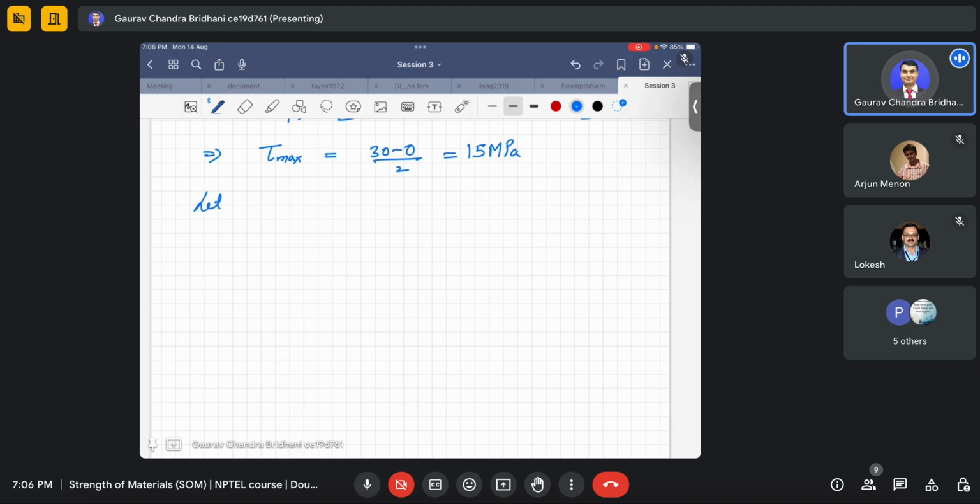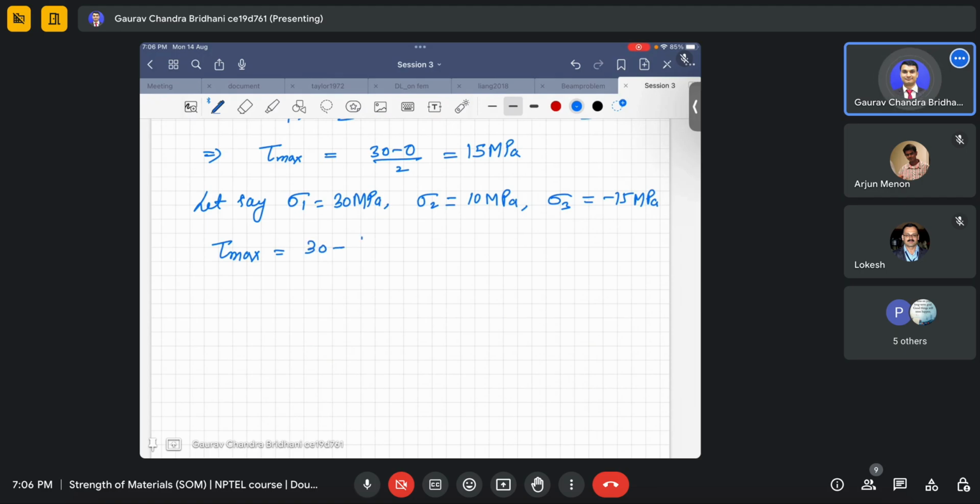Let's say sigma 1 is 30 MPa, sigma 2 is 10 MPa, and sigma 3 is minus 15 MPa. In this case, if I need to find the tau max, I have arranged them in this fashion only. So it will be what?